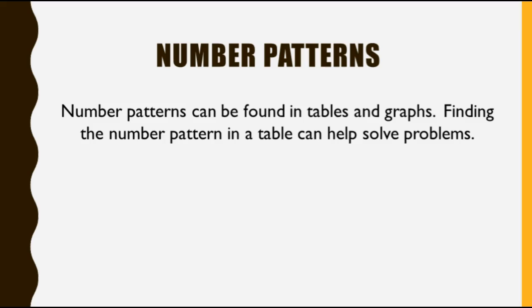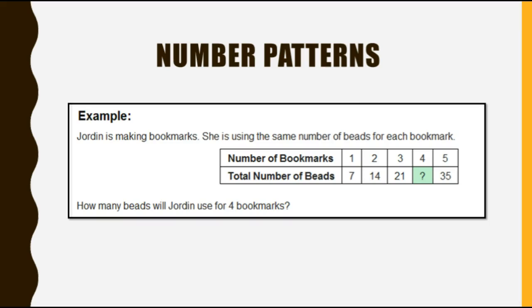So number patterns can also be found in tables and graphs, and finding the number pattern in a table can help solve problems. So here's an example of that. It says Jordan is making bookmarks. She is using the same number of beads for each bookmark. So here are the number of bookmarks for one bookmark.